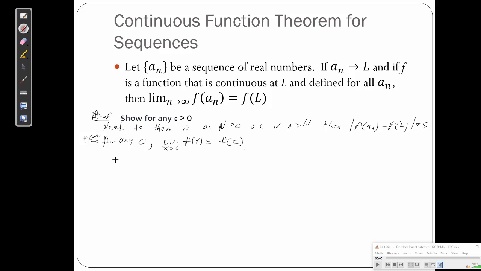Because we just have to follow the chain.